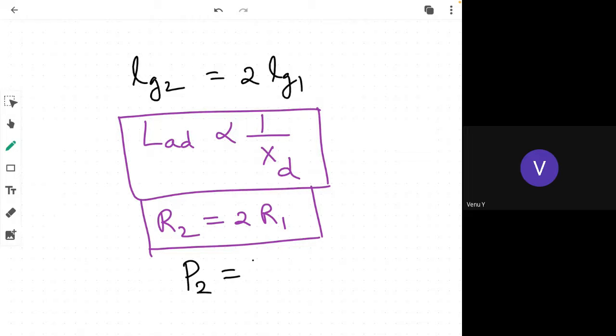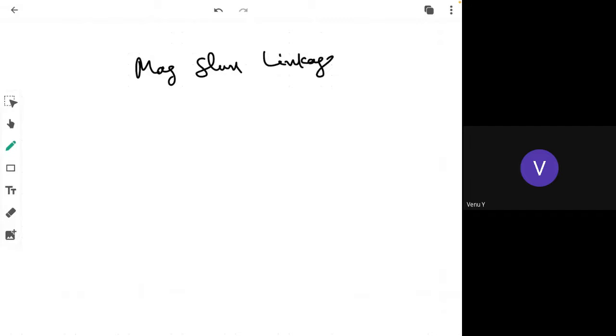P2 equals half of P1. The magnetic flux linkage is proportional to permeance.